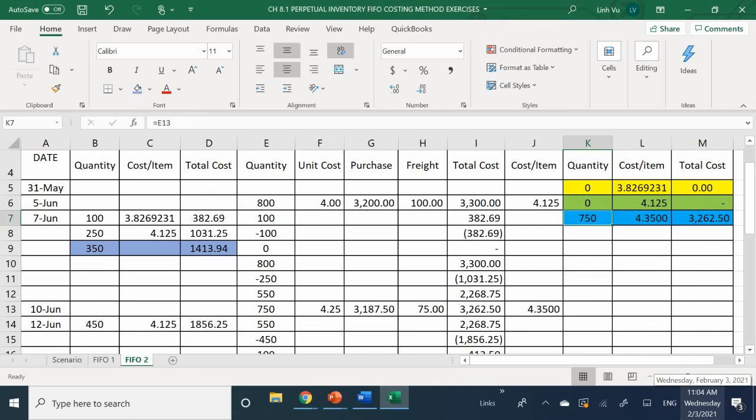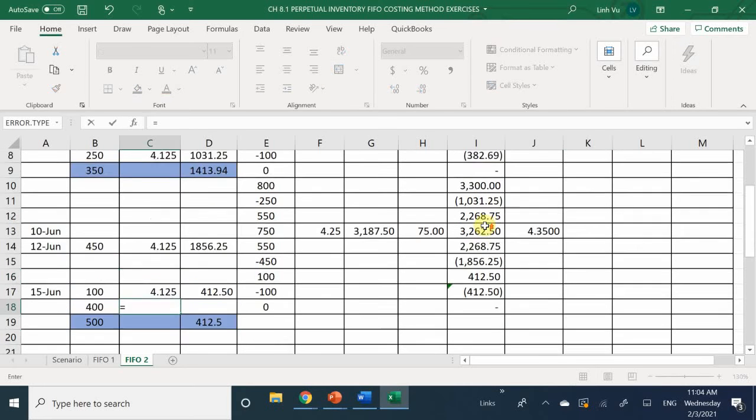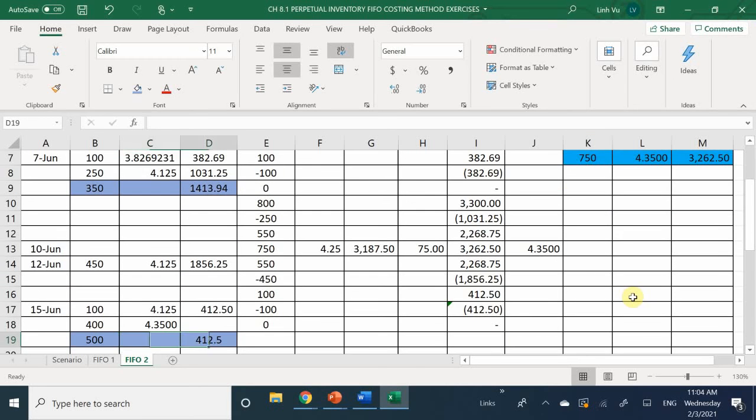All right. Now all we have left is our blue batch for 750. So now we're going to calculate a total of 400 from that 750. And we know that this is going to be an even $4.35. So therefore, what is my total cost of goods sold here?